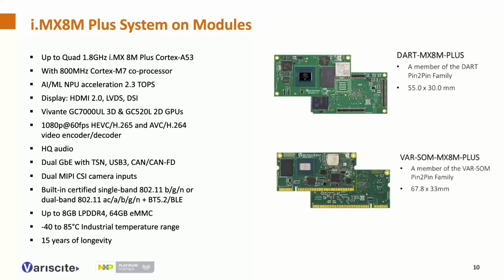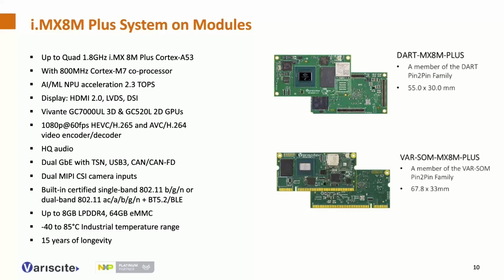Well, I think most of you know all these features, but this model in specific has a different thing from all the others. It has the AI/ML NPU acceleration, which is an engine core which can run up to 2.3 tera operations per second. The NPU is for us to use when running inference.